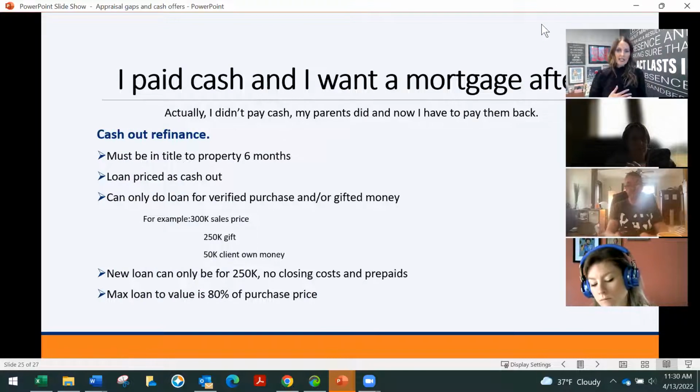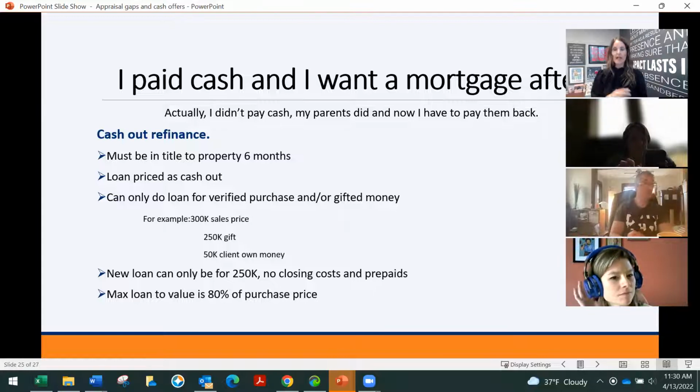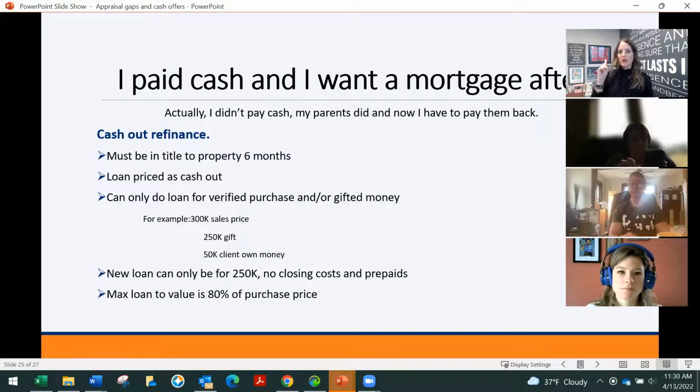Now, here is: I paid cash and I want a mortgage right after. And then you look below: actually, I didn't pay cash, my parents did, and now I have to pay them back. That is a very normal scenario that we get. So here's the kicker on this one that a lot of people do not know. Also considered a cash out refinance, and they have to be entitled for 6 months.